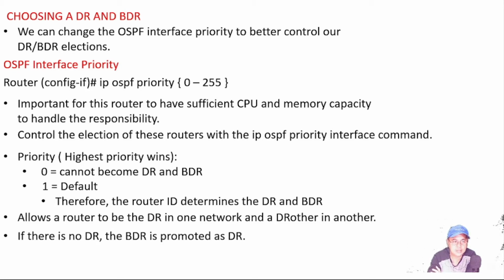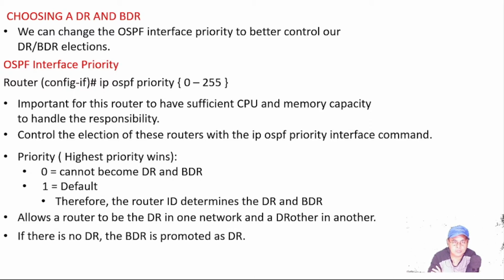Do not assign a DR having a lower CPU and memory capacity, because if you remember, the DR is the one responsible for sending the updates or the LSA to all the routers. Control the election of these routers with the IP OSPF priority interface command.